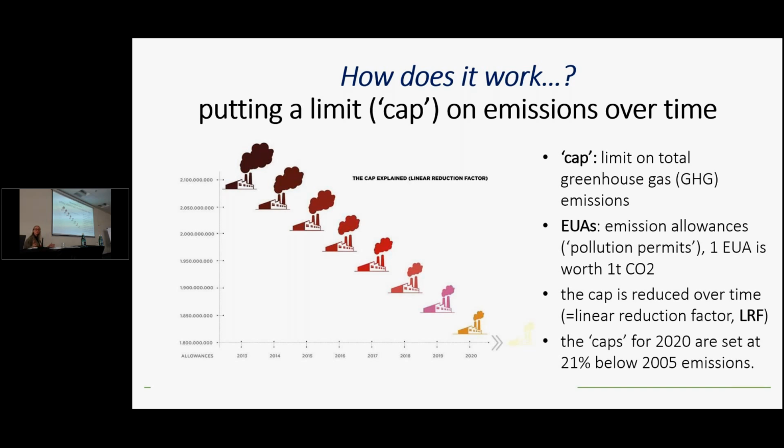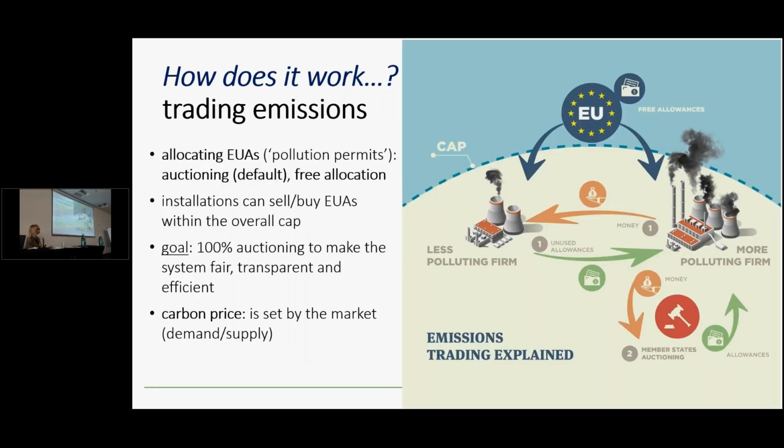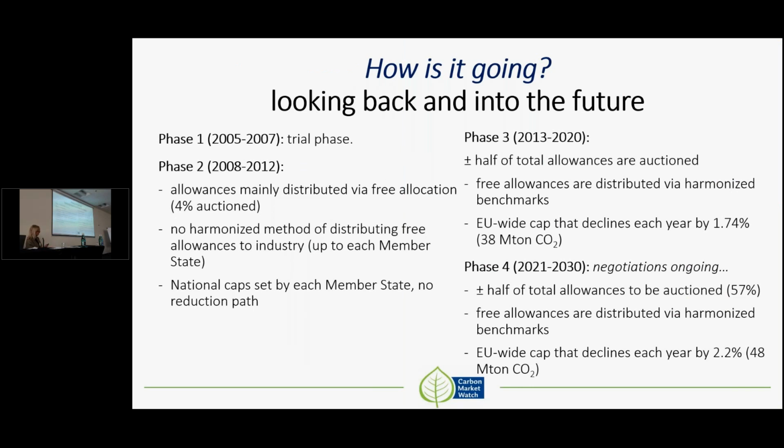And this is one of the problems: the question is also what happens at the end of a trading period. This is one of the big things being discussed now, because of course it would be ideal to cancel everything at the end of a trading period, to not be able to take this big savings over to the next. This is one of the big problems at the moment in the system, and this is what we are discussing right now.